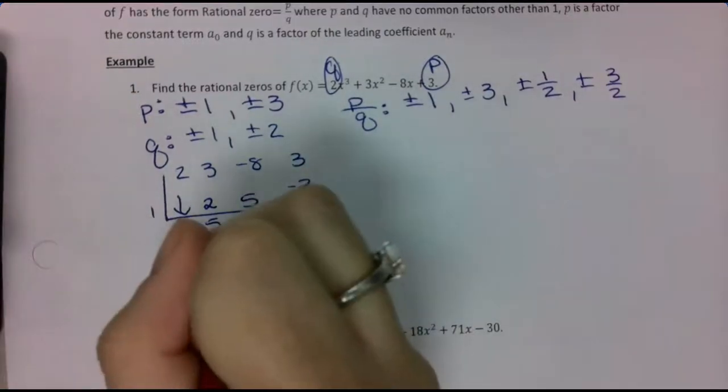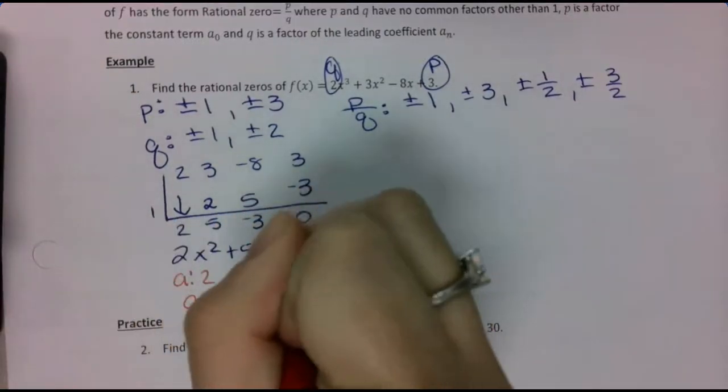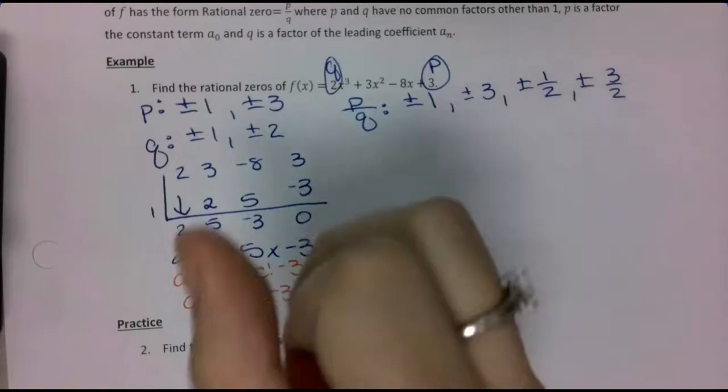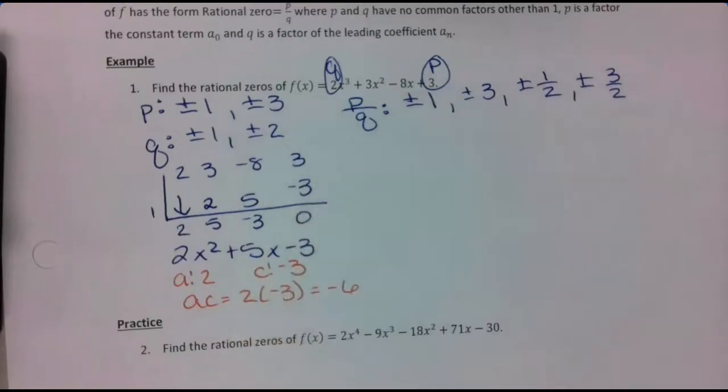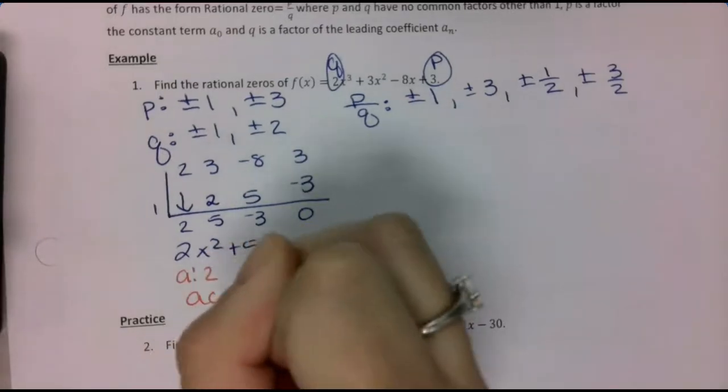So then if I take A times C, I have 2 times negative 3, which is negative 6. Yeah, 6 and negative 1.